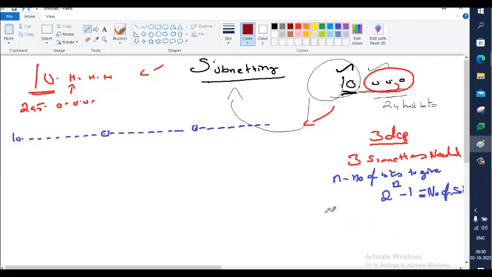Let's give 2. 2 to the power of 2 minus 1, and we get 4 minus 1, which is 3. Okay, so you don't need to give the entire octet. You need to give just 2 bits.